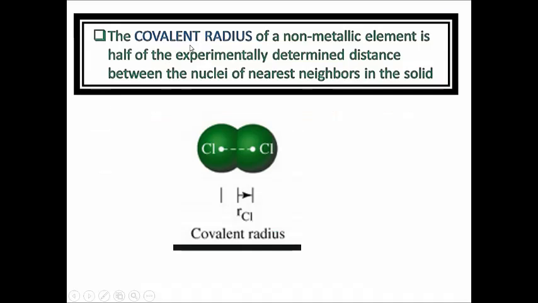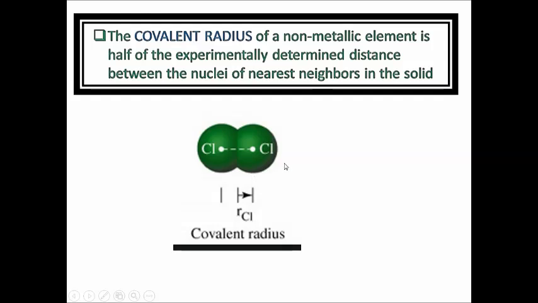The next one is the covalent radius. The word covalent represents sharing of electrons. For metals, we can't say they have covalent nature, so here we take a non-metallic element. The distance between the two nuclei of nearest neighbors is the covalent radius.